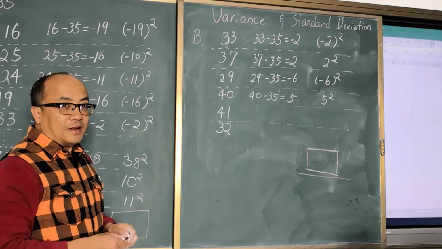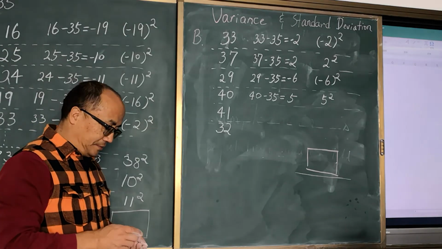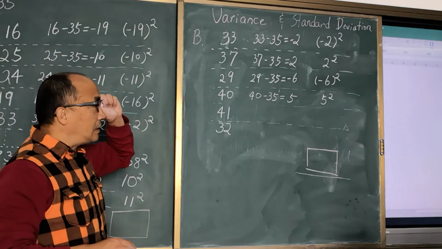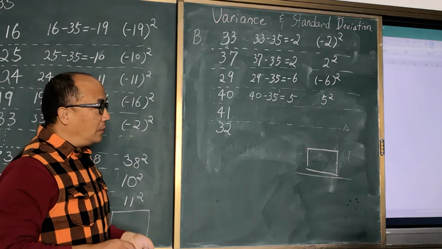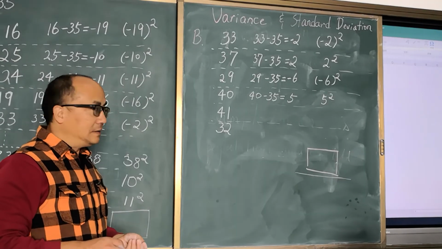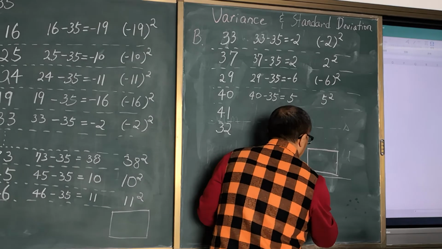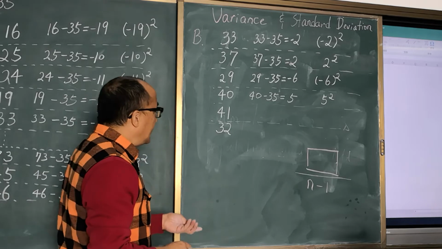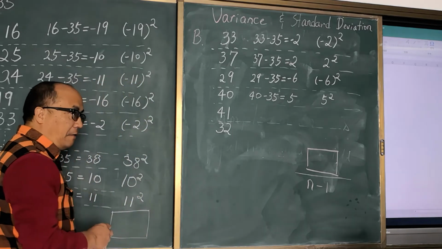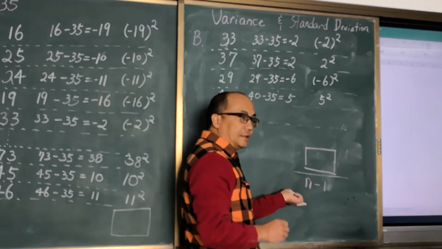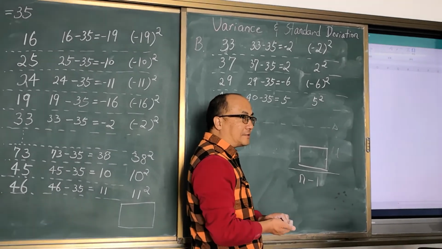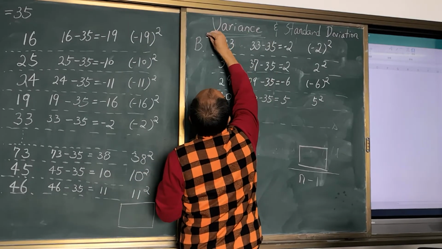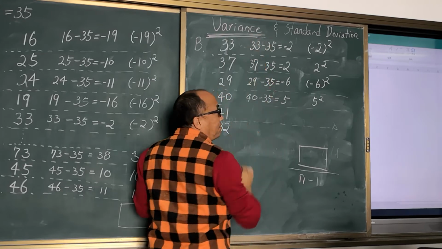And it's not divided by 22, it's divided by 22 minus 1. It is always our sample size, n minus 1. This is our formula for the variance.